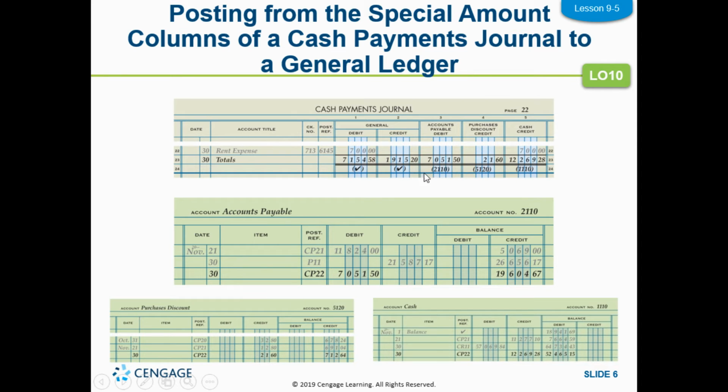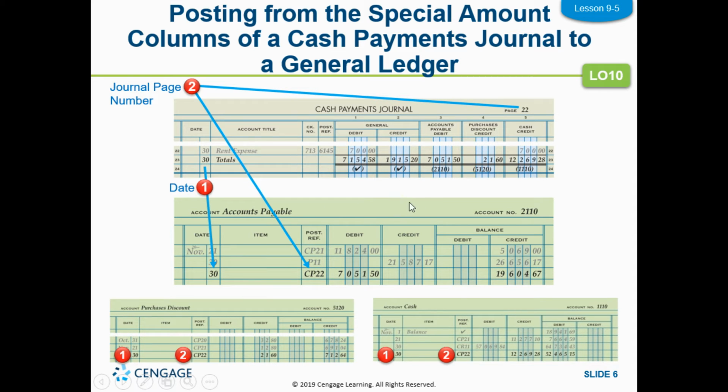Then we come down here and we have accounts payable debit. Now remember, we posted those individual amounts to the accounts payable ledger to our individual vendors, but now we need to post the total to our controlling account in the general ledger accounts payable account. Got to think of my terms here. All right. So here we're going to go down and put the date, cash payments journal 22.